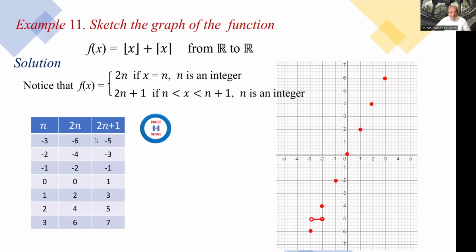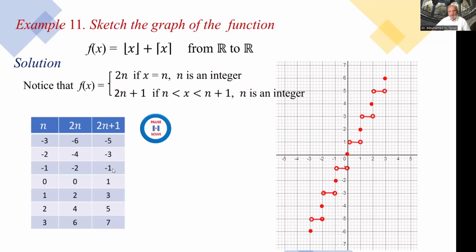When x is between -2 and -1, n is -2, I'm looking at 2n plus 1, you get -3. And then when x is between -1 and 0, 2n plus 1 will be -1, and you keep going, you get this function.